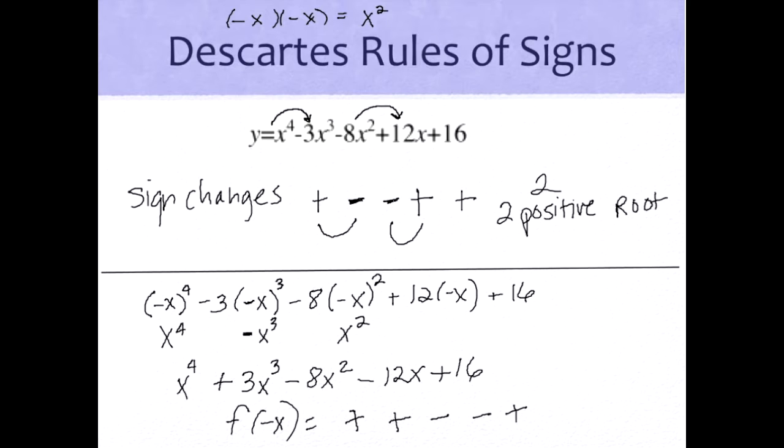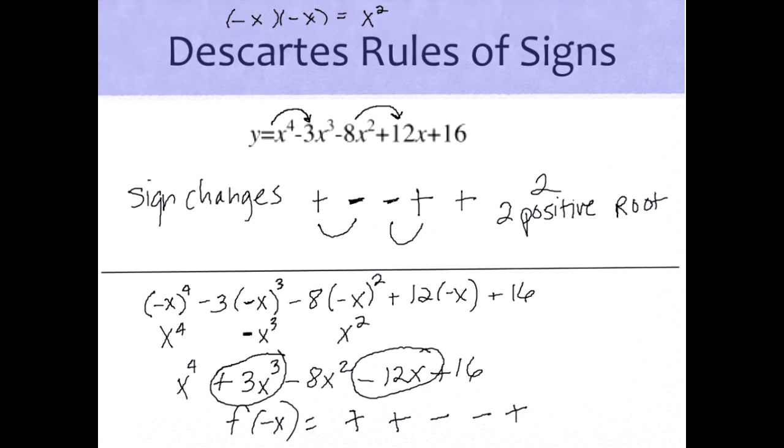So in other words, the odd powers ended up changing signs. The even powers stayed the same. And that is a general rule of thumb.